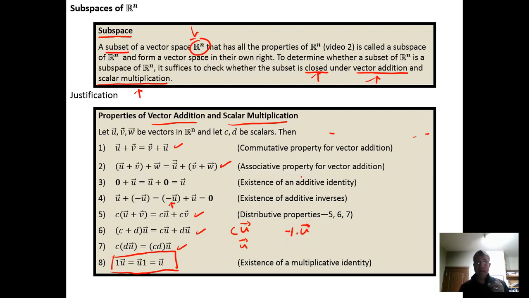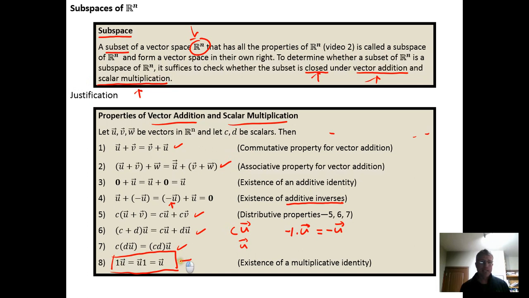So if your subset is closed under scalar multiplication, then you're guaranteed that negative 1 times u, which is negative u, is also in that set. So closure says, hey, no problem, negative u is in there. And the moment you know negative u is in there, you know that additive inverses exist. Every element in the subset has an additive inverse in the set if you have closure under scalar multiplication.